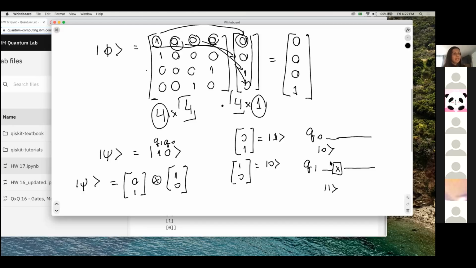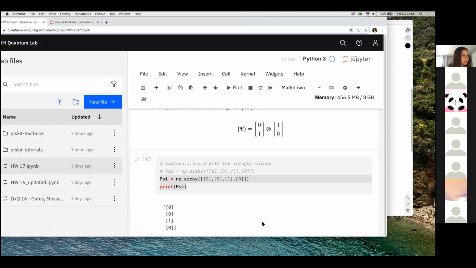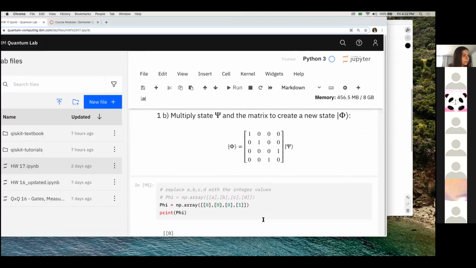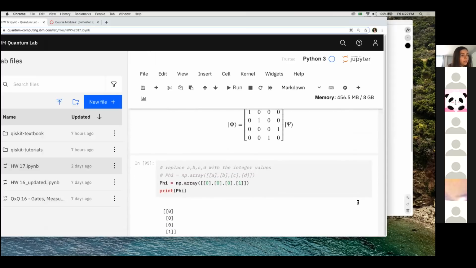And then we applied a C naught here, where the target was Q0 and Q1, which was 1, was the control. And how do we know that? Because the resulting state had 1 in the end.